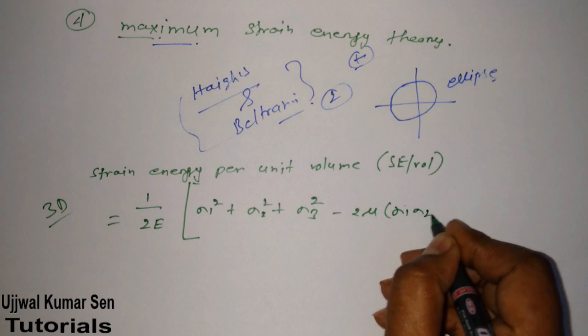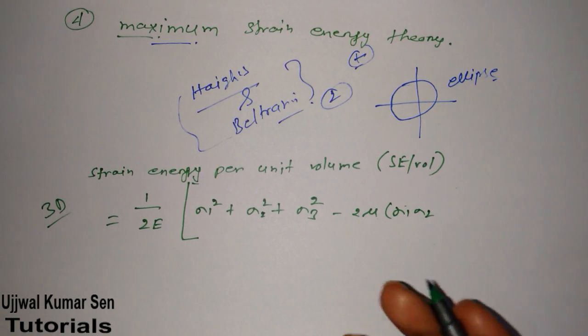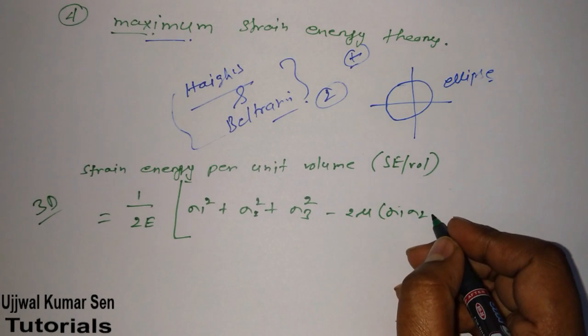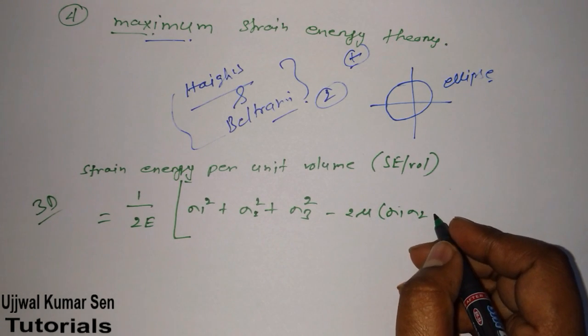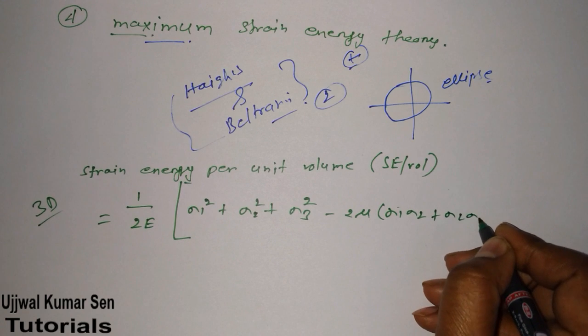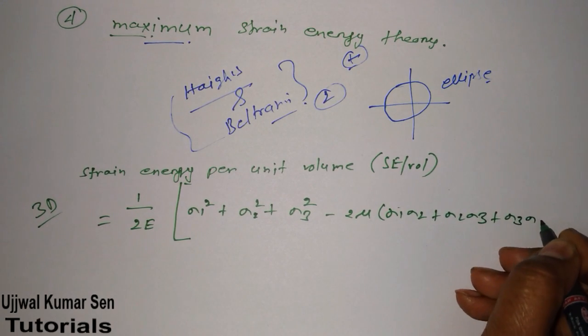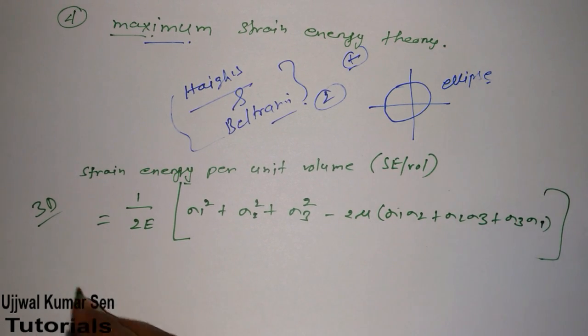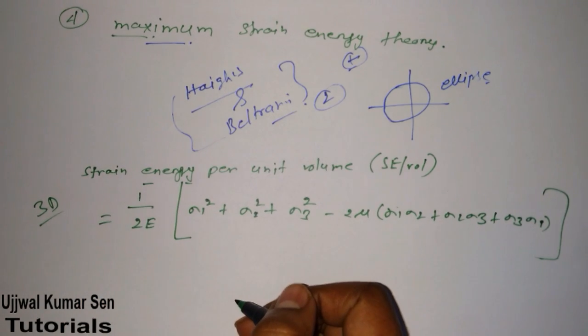Sigma 1, don't get confused with the symbols from fluid mechanics, where mu is dynamic viscosity. It's not like that. So the bracket is sigma 1 sigma 2, sigma 2 sigma 3 and sigma 3 sigma 1. So this is the formula for finding strain energy per unit volume in case of 3D.